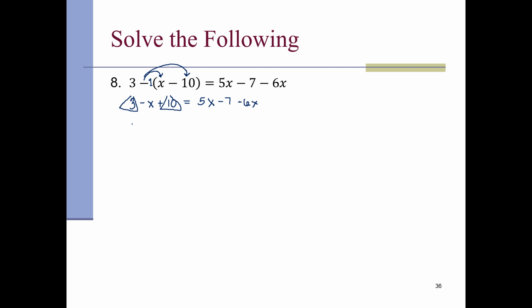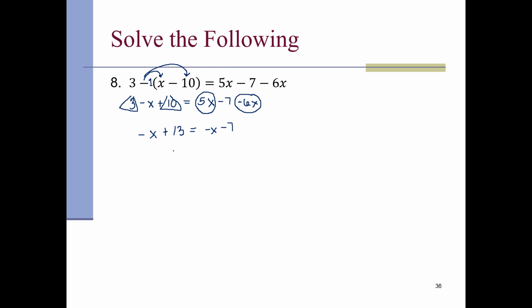They're both constant terms, and so I'm going to put them together to make 13. So I have negative x plus 13. On the right-hand side of the equation, I have 5x and out here negative 6x, which are both variable terms, and again, like terms. So 5 minus 6 is negative x, and I have a minus 7.